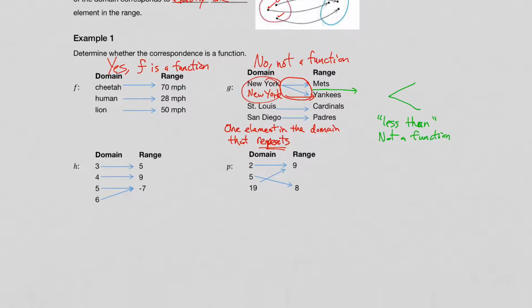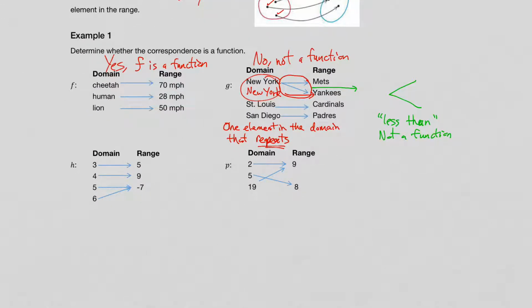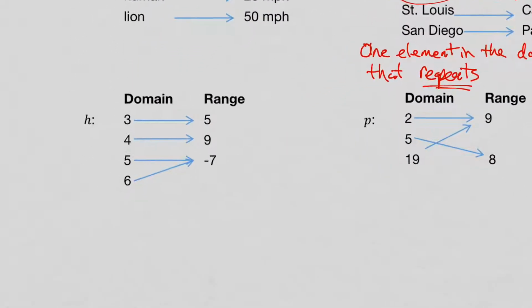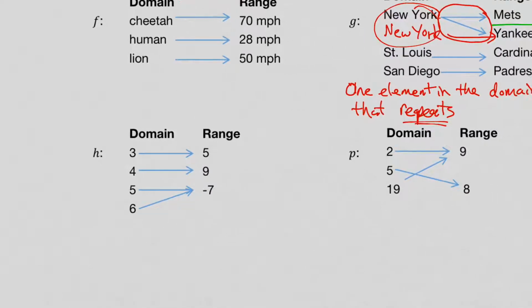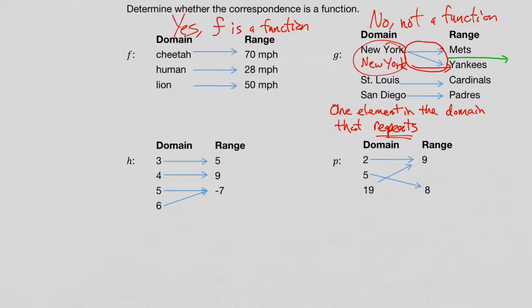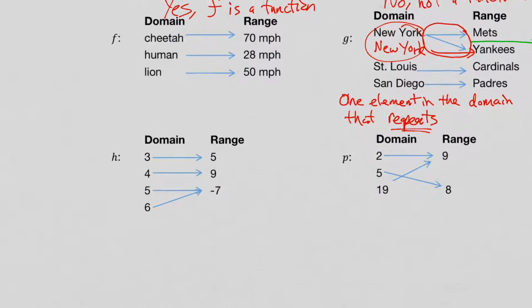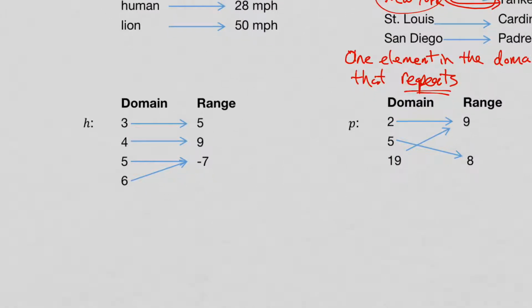Let's take a look at a different example with the opposite illustration here. So if we take a look at function h, as you can see, 3 corresponds to 5, 4 corresponds to 9, 5 corresponds to negative 7, and 6 corresponds to negative 7.